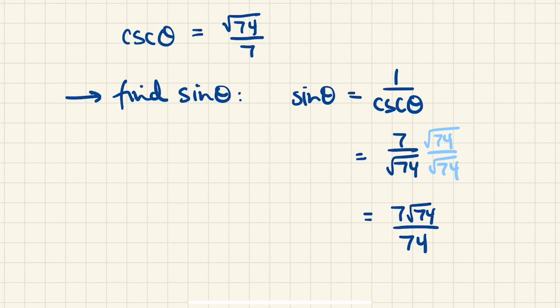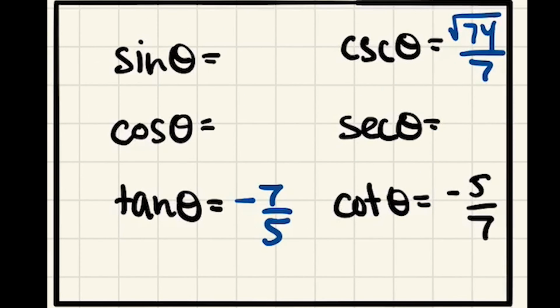And let's put that in as our final answer. Sine of theta we now know is 7 rad 74 over 74. So that just leaves cosine and secant to figure out. Of course, once we know one of them, we will get the other one, again by just taking its reciprocal.